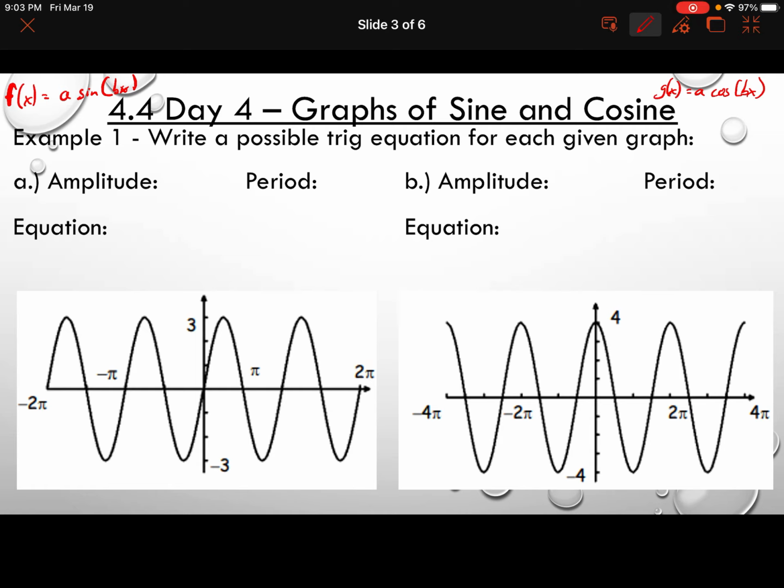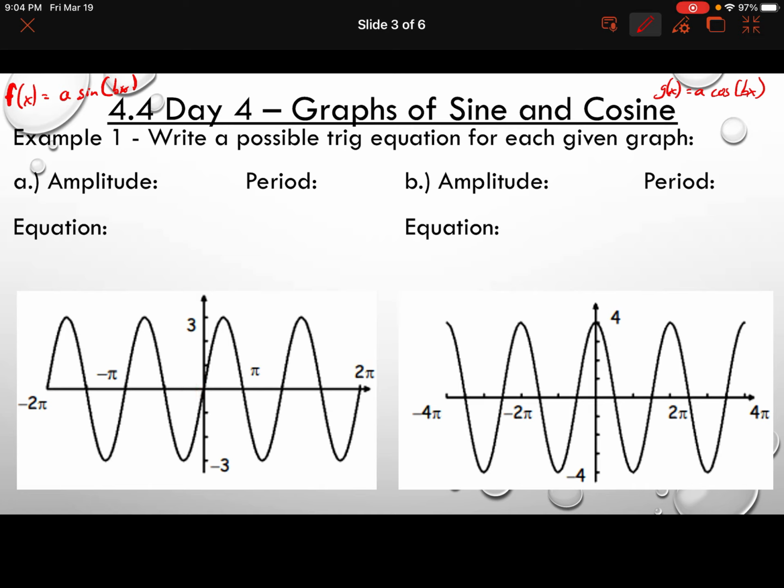Let's look at this first example here, example 1, part A. Write a possible trig equation for each given graph. We're going to find the amplitude and period, because by finding them, we can determine what the a and b values are for our equations. First we have to determine whether this is sine or cosine. There's a really easy way to tell, and it has to do with the y-intercept.